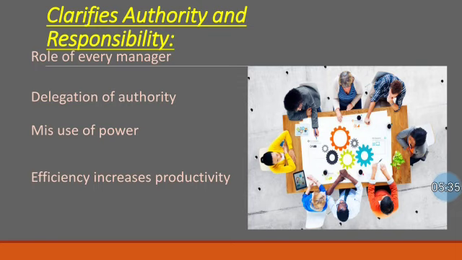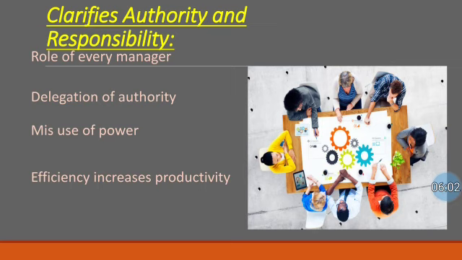Hence, a subordinate is bound to perform the task given by authorized people or top level management. Sometimes there are chances of misuse of powers by an authorized person, which should be avoided, and through clear authority and responsibility the organization would become efficient and its productivity would increase.